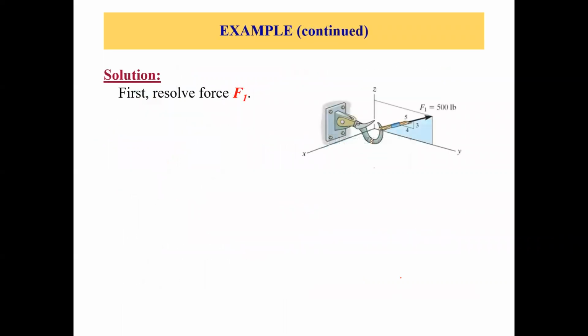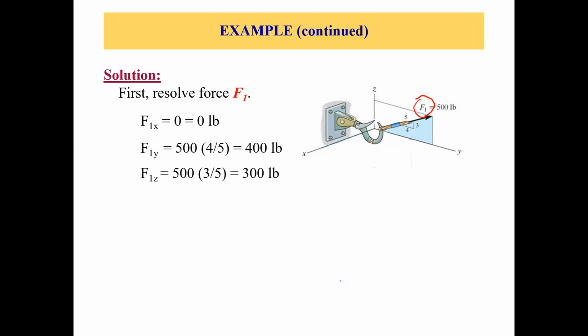Okay, all right, so that's how. Now let's move forward. First, let's resolve F1. Let's take them one by one, right? So here we are only talking about F1. Then subsequently we'll talk about F2. So F1 is 500 pounds force with a triangle ratio of 3, 4, and 5. Now let's see how we resolve force F1. We'll resolve it into x, y, and z components.